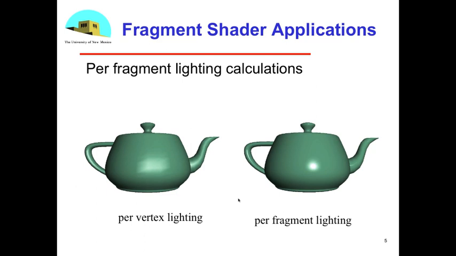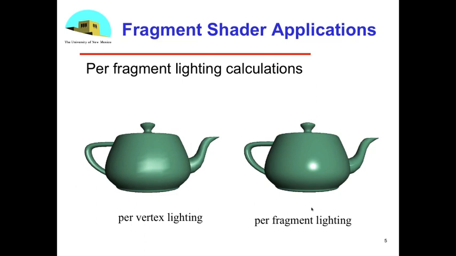And here's the famous Utah teapot we'll use as examples a lot in the course. It's a bunch of Bezier surface patches. And the important thing in this example is to look here at the specular component, the part that looks very reflective like a mirror. And you see that with per vertex lighting, where you apply a model to every vertex as it comes into the vertex shader, the highlight gets kind of blurred around both in the spout and on the body.